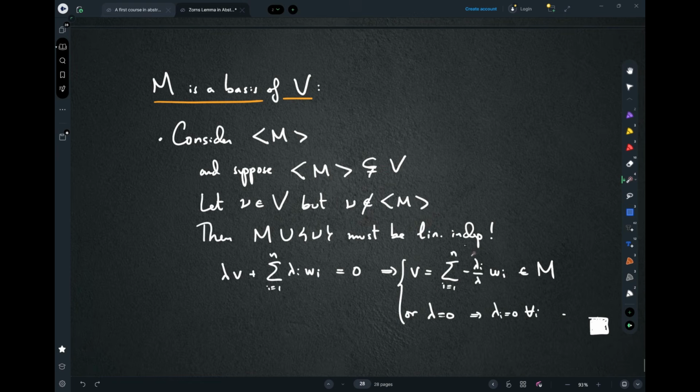So this cannot be, and lambda must be zero. But then it would give me a linear dependence in M, but these are vectors in M that are linearly independent, so all the lambdas must be zero, which gives me that M is in fact a basis of V that contains all the UIs.